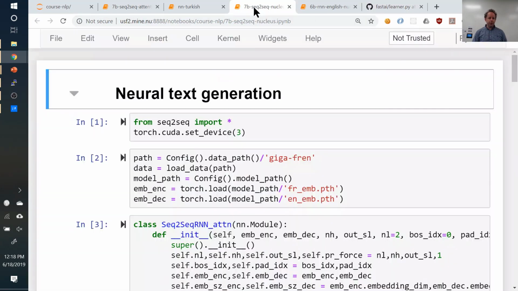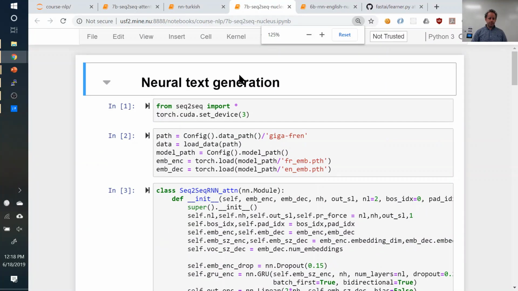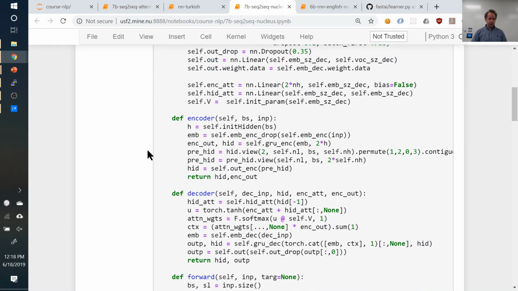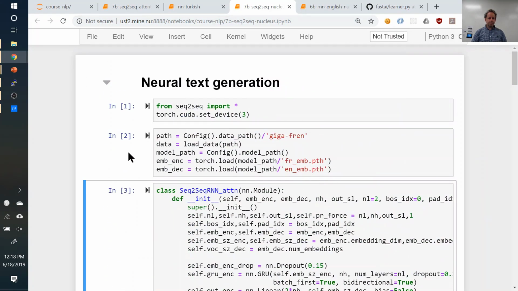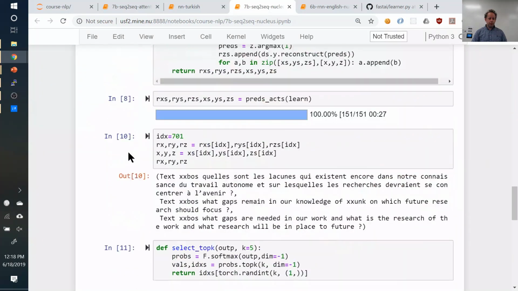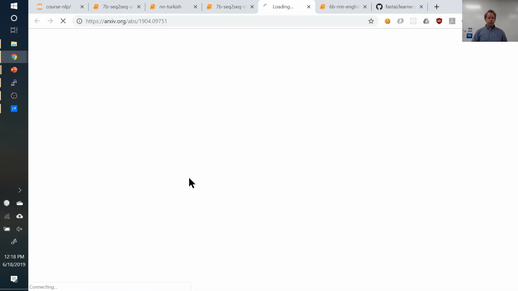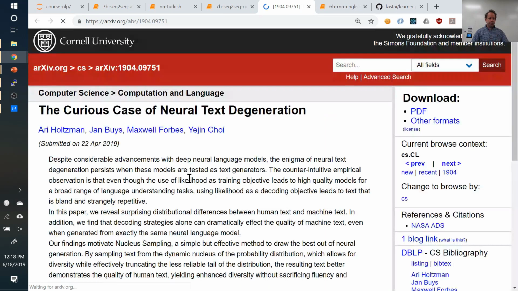There was a paper, let's find it. So I'm now looking at the 7B seq-to-seq nucleus notebook, which has a link to this paper called The Curious Case of Neural Text Generation, which is less than 2 months old, so this is quite a recent paper.